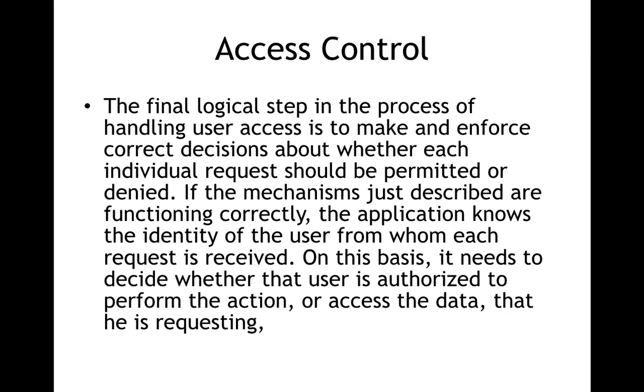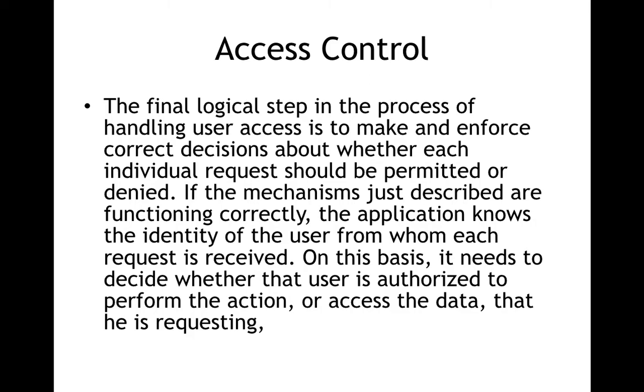Access control is the final step in the process of handling users' access, which is to make and enforce a correct decision regarding whether each individual request should be permitted or denied.